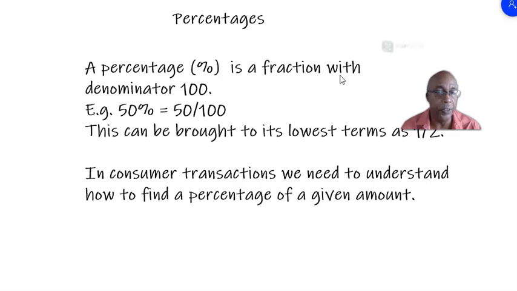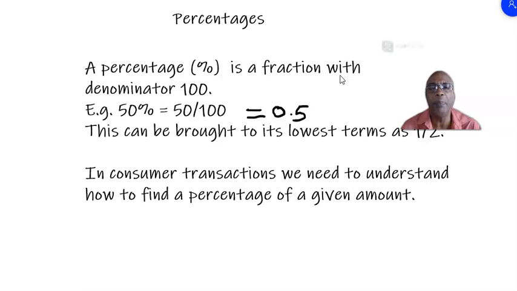If we have 50% and we convert to a fraction 50 over 100, we can convert to its lowest terms by dividing both top and bottom by 50, the highest common factor, to get a half. But we can leave it as a decimal because we know when we divide by 100, we shift the point back 2 places, the same number of zeros in 100, and we get 0.5.